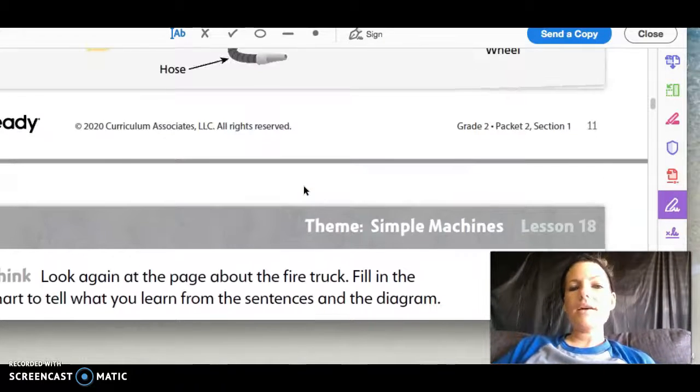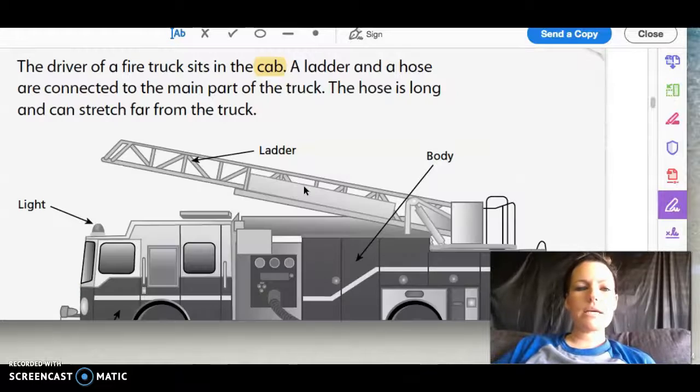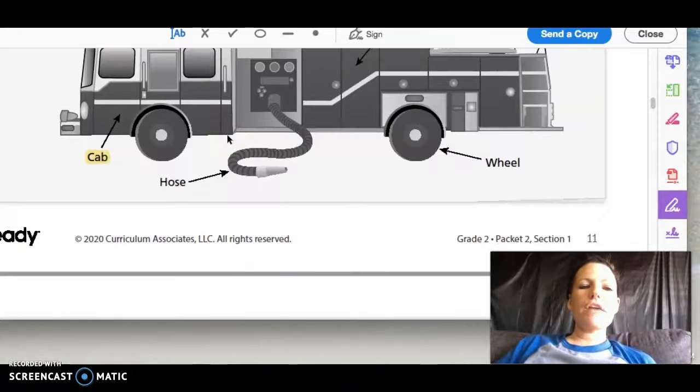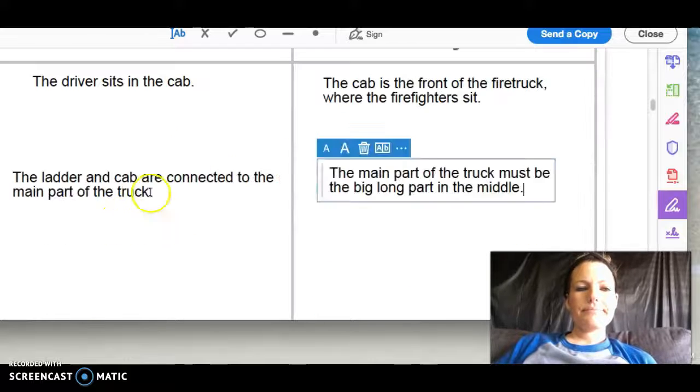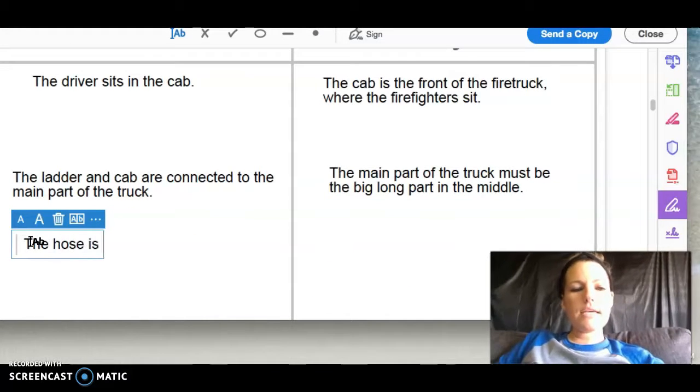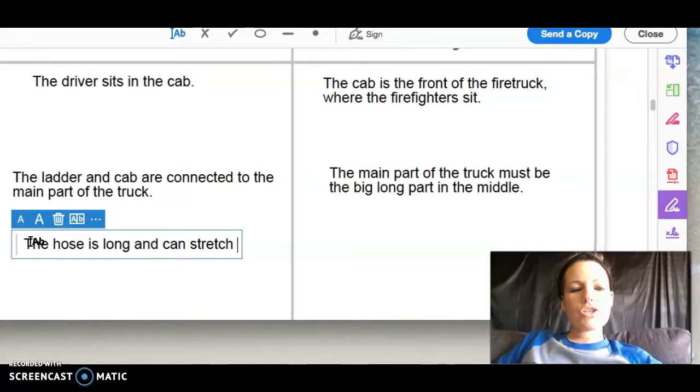All right, anything else that the text and diagram show us? It shows us that the hose is long and it can stretch far from the truck.